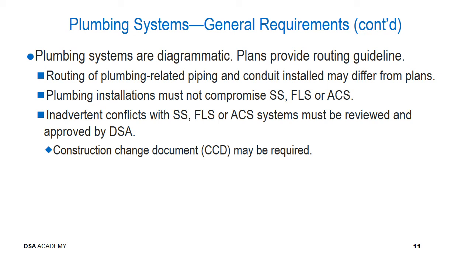In the event that inadvertent conflicts are created with structural safety, fire life safety, or the access compliance systems, these issues have got to be reviewed and approved by DSA. And a construction change document, or CCD, may be required in these cases.